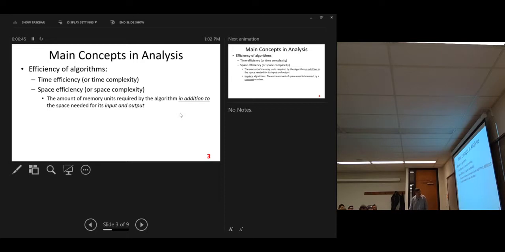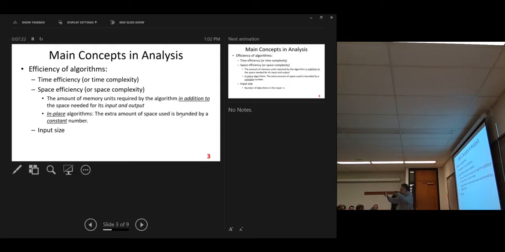For space efficiency, I need to explain a little more about its exact meaning. It is the amount of memory units required by the algorithm in addition to the space needed for its input and output. This "in addition to" is important. So mainly we look at that extra part.